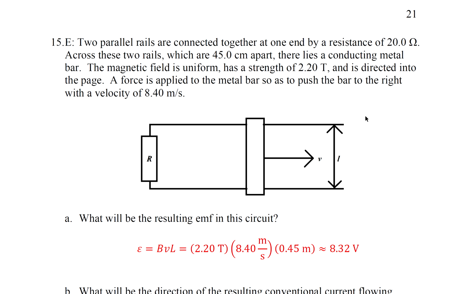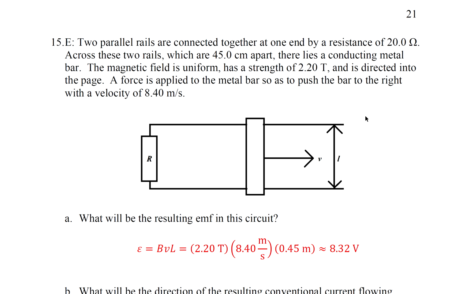So let's apply this equation. Two parallel rails are connected together at one end by a resistance of 20 ohms. Across these two rails, which are 45 centimeters apart, there lies a conducting metal bar. The magnetic field is uniform, has a strength of 2.20 Tesla, and is directed into the page.